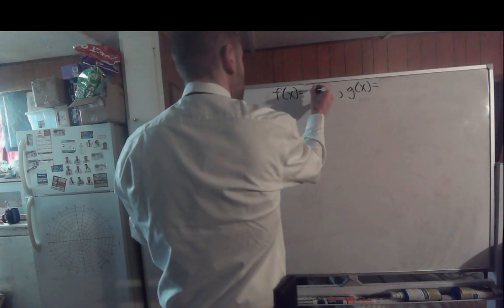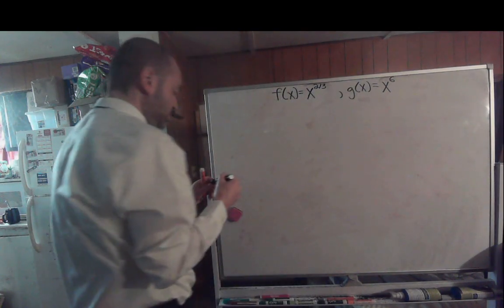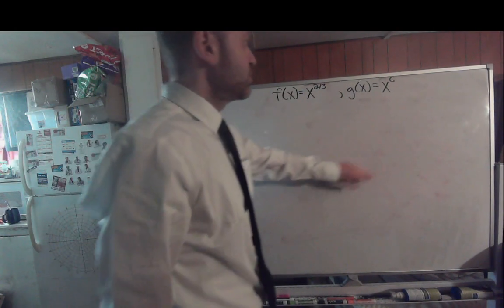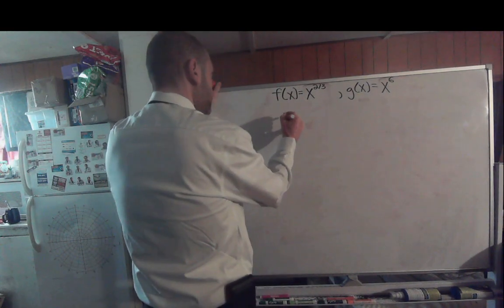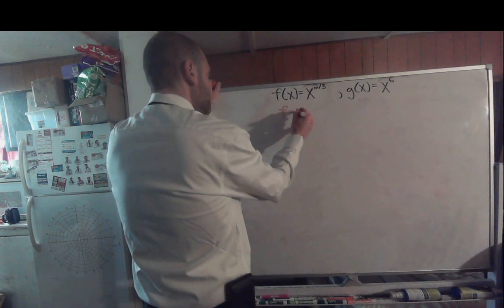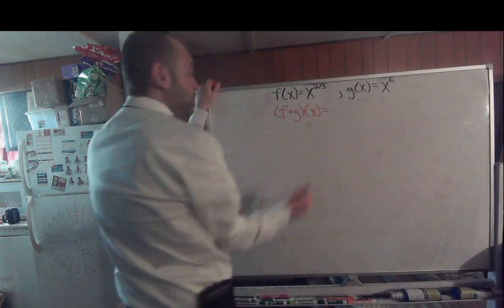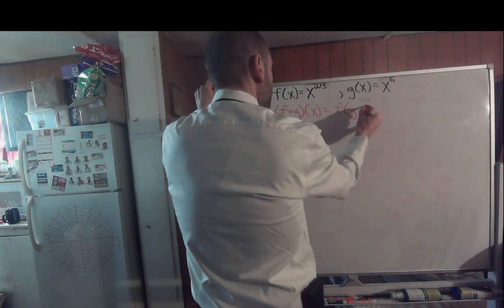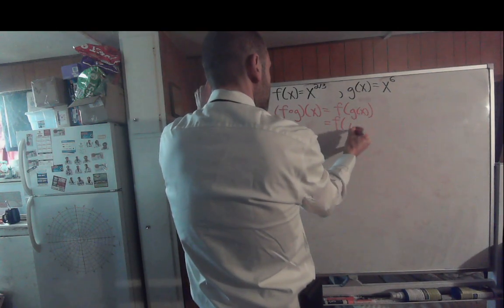F of x equals x to the 2/3. G of x equals x to the 6th. So let's go for f composition g of x. That would end up giving you f of g of x, which would be f of x to the 6th.